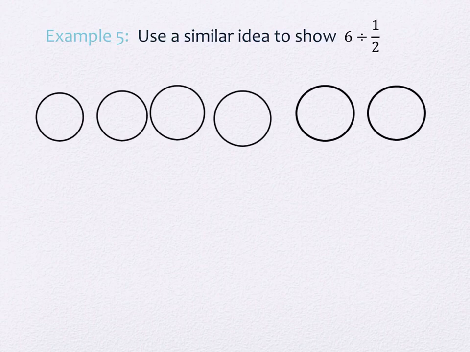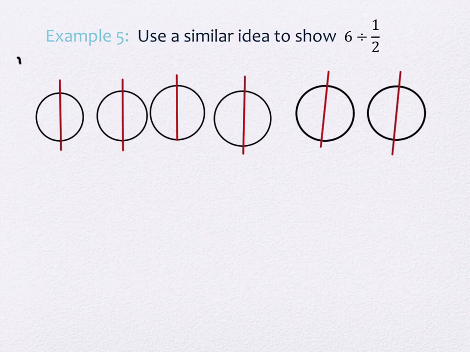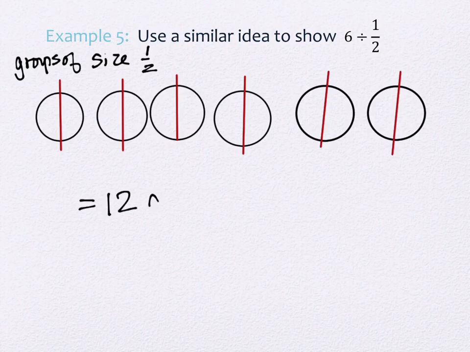What do I have to do? Split each cookie, right? If I split each cookie in half, I create 2 groups, 4 groups, 6, 8, 10, 12. I have groups of size 1/2, and there are 12 groups.